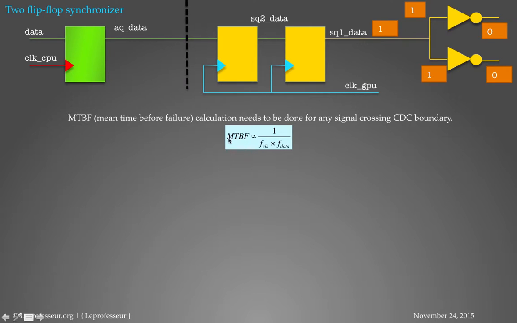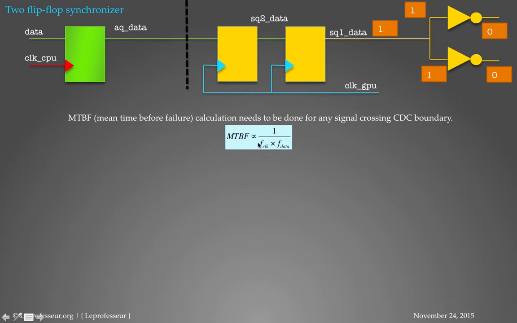In simple terms, the MTBF is proportional to one over the clock frequency of the receiving clock domain and the data which this receiving clock domain is receiving, that means AQ data. Most of the time it is observed that if your data is changing too fast, or in a very high speed design where your frequency is too high, you have an increased probability of failure.